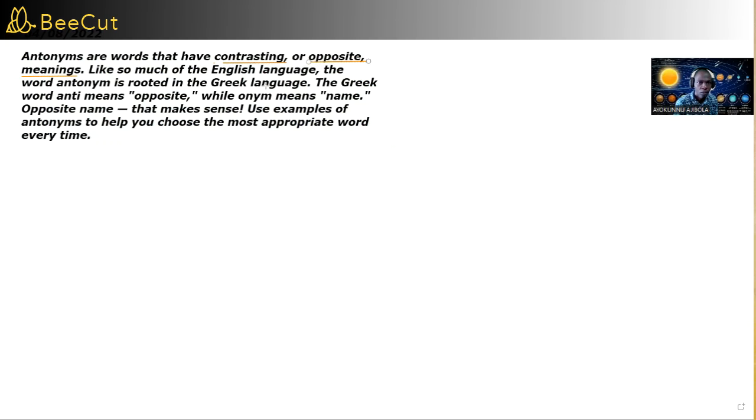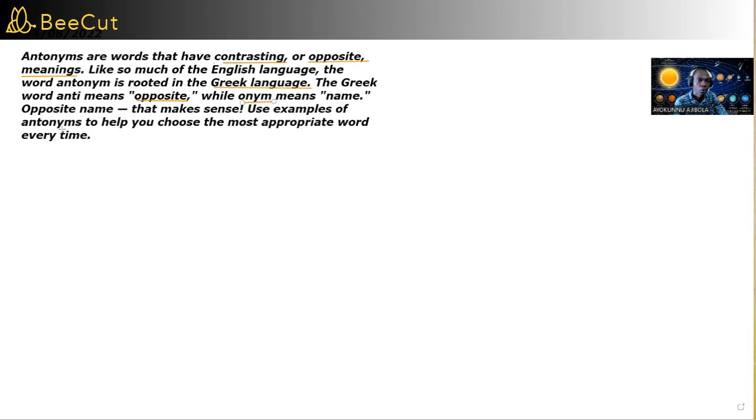Like so much of English words, the word antonym is rooted in the Greek language. It is derived from the Greek word anti; like antonym, anti means opposite. When you say antibacterial, that means what you use to stop bacteria. And onym means name.